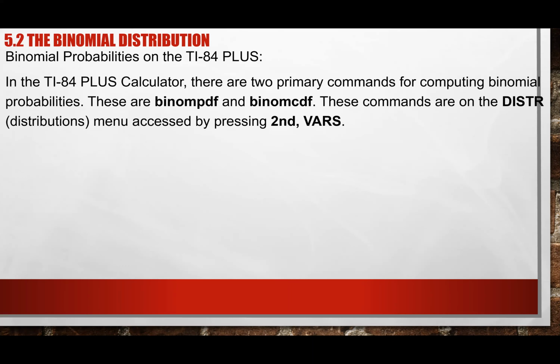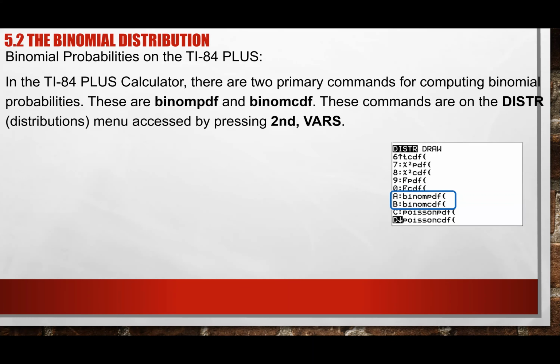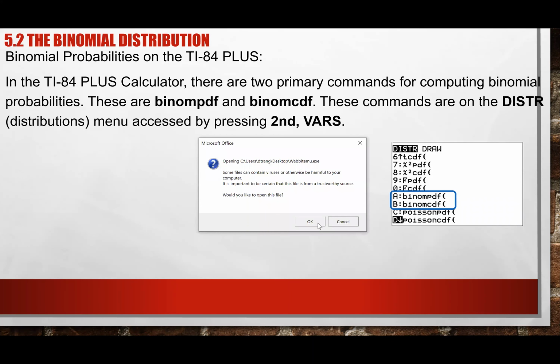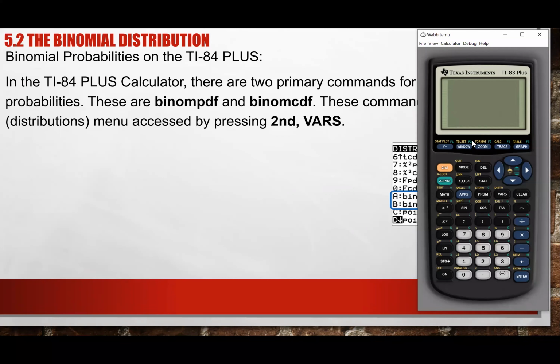This is where you need to go, ladies and gentlemen. You need to go into your calculator and hit second, in order to access this feature, you have to hit second VARS, which is the button next to the clear button.